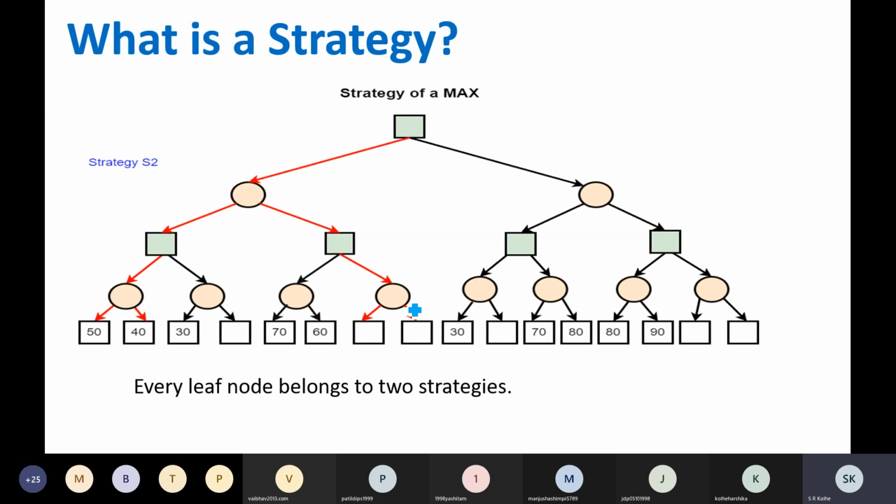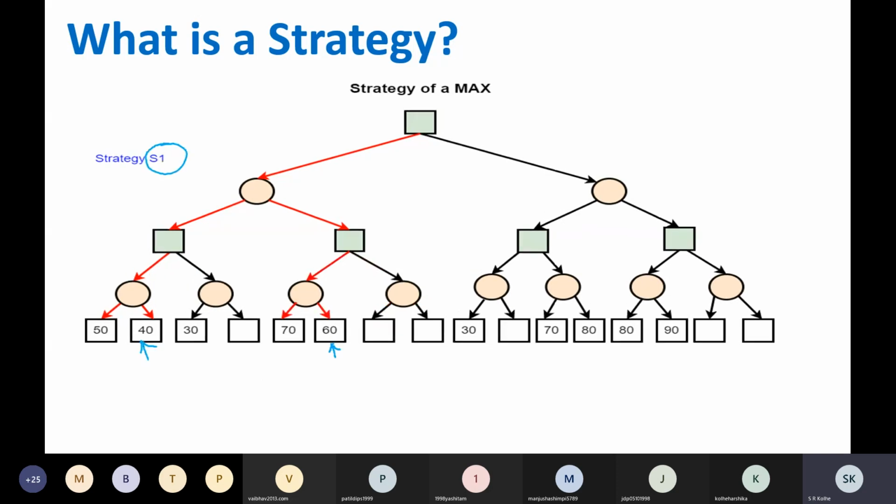Let us compare. In strategy S1, what we have done: if min has made this move and max has made this left one, then min will select either of these. In that particular case, min can make either this or this.